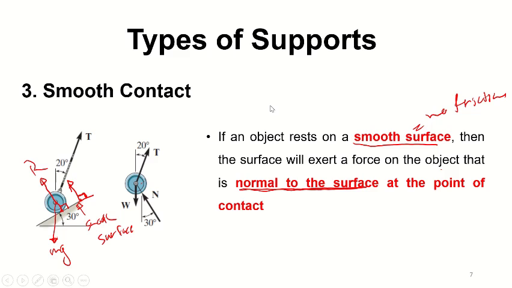So we have discussed three types of supports, right? The first one is the spring, the second one is the cables and pulleys, the third one is the smooth contacts, right? When we are solving the equilibrium of a particle, these types of supports will come, so you should know how the forces are exerted by these types of supports, right?